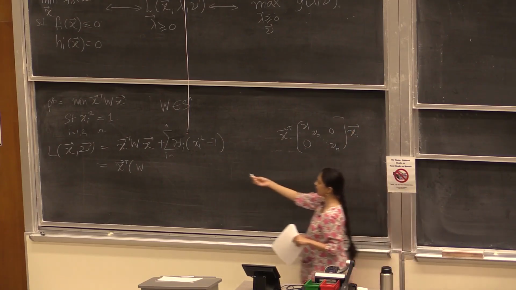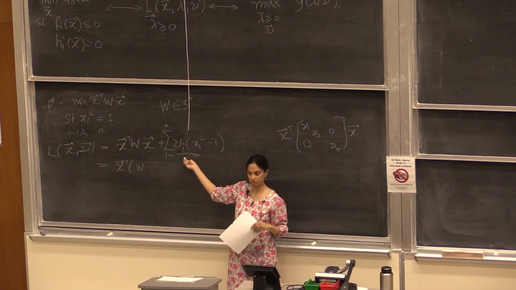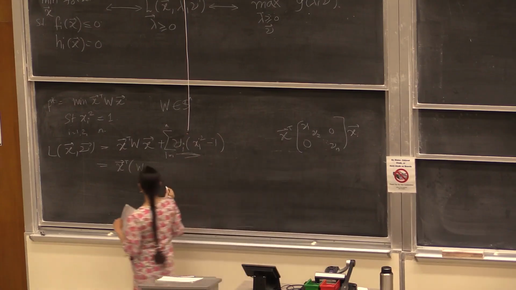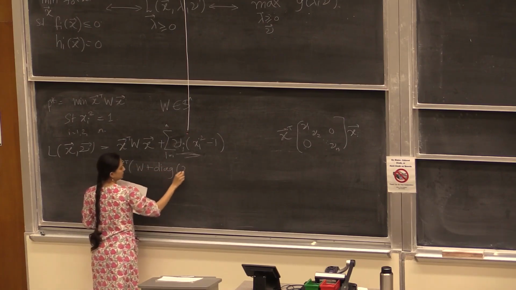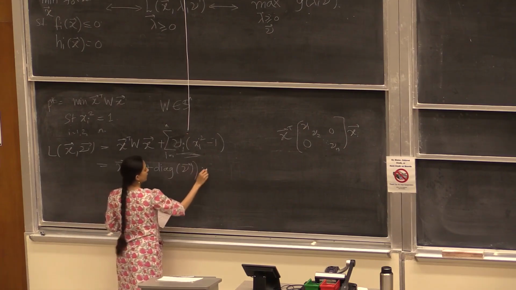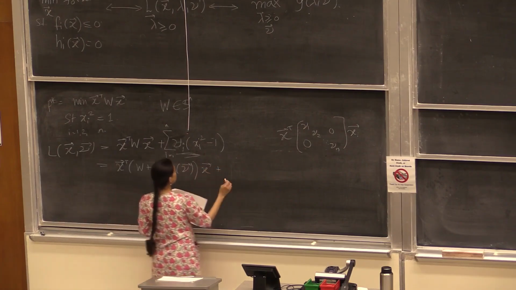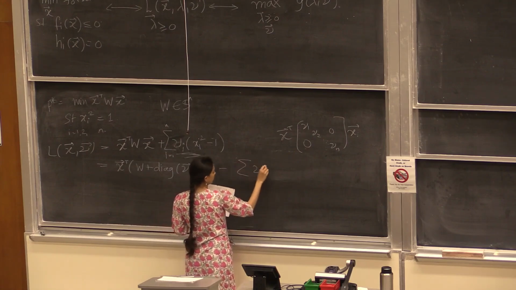Does this give me exactly this first part of this term here? Right? So I'm going to write this as w plus the diagonal matrix of the nu vector, x, plus now, or maybe minus, sigma nu_i.